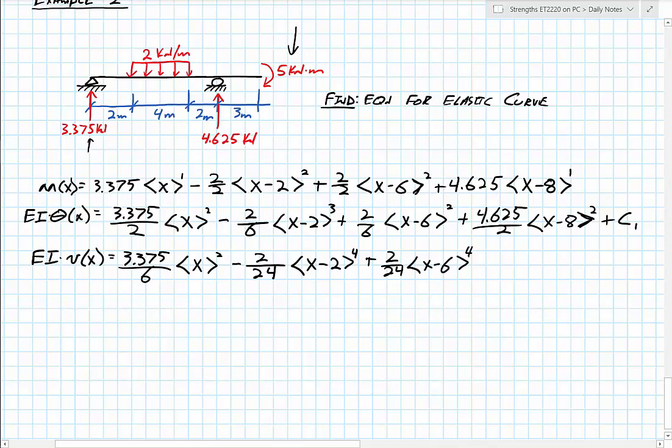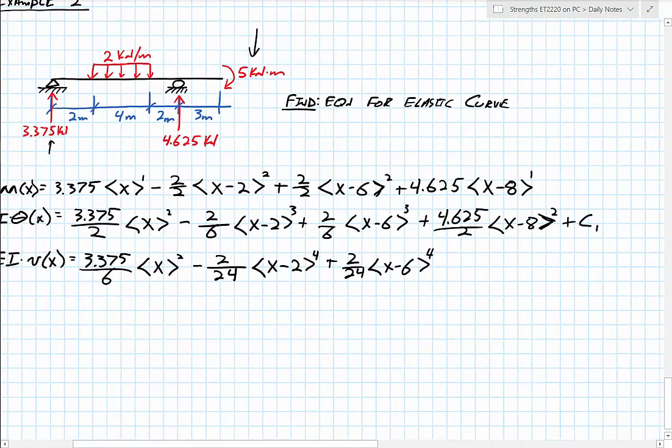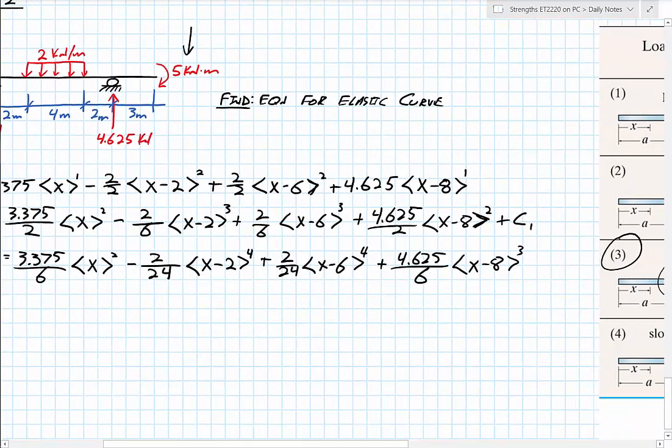Looks like I had a little error in there, didn't I? This is supposed to be cubed. That would have been a big mistake, and I'm sure someone would have caught me on that one. But yeah, little mistakes will get you every time. Be careful out there, right? And then I have plus 4.625 over 6 x minus 8 cubed plus C1 x plus C2.